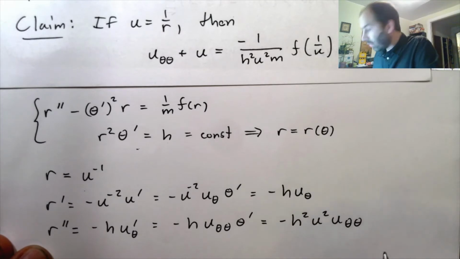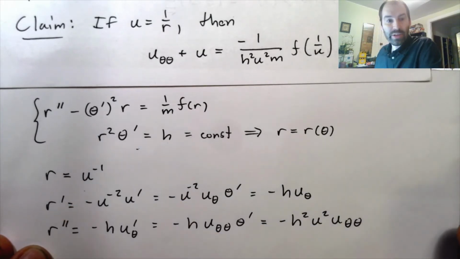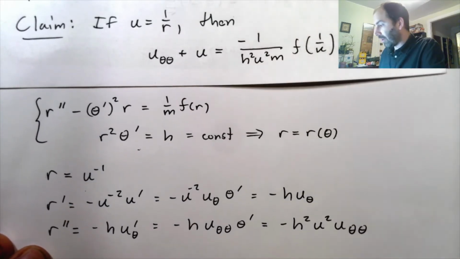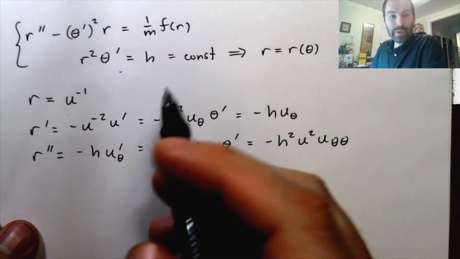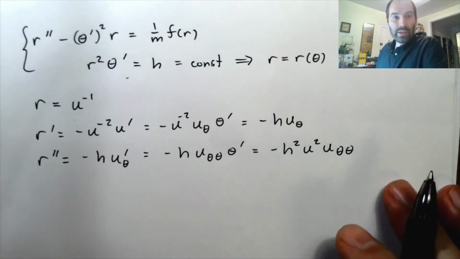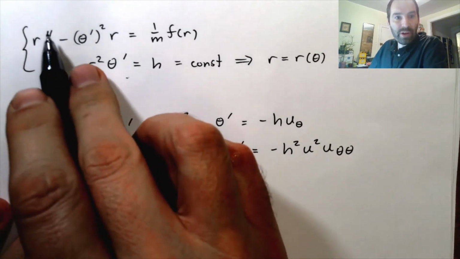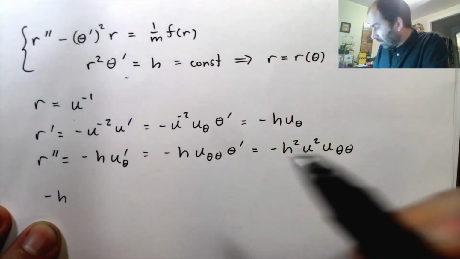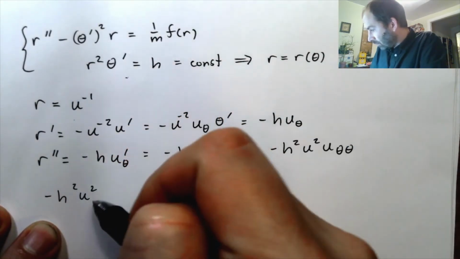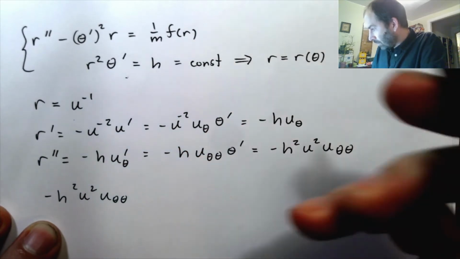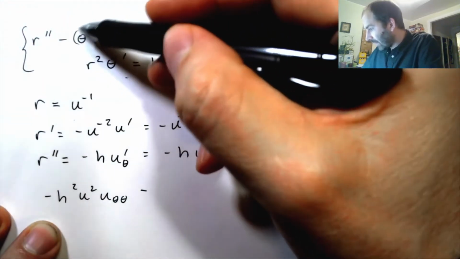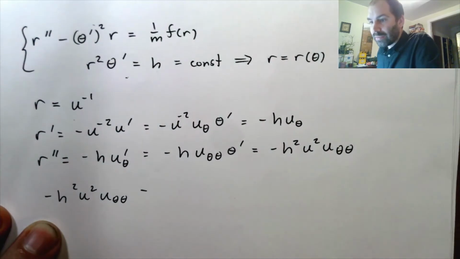So what we're going to do is plug this stuff into the equation up there. We're going to plug r double prime in. Now I'm going to put this stuff up there. I'm subtracting theta prime squared times r.